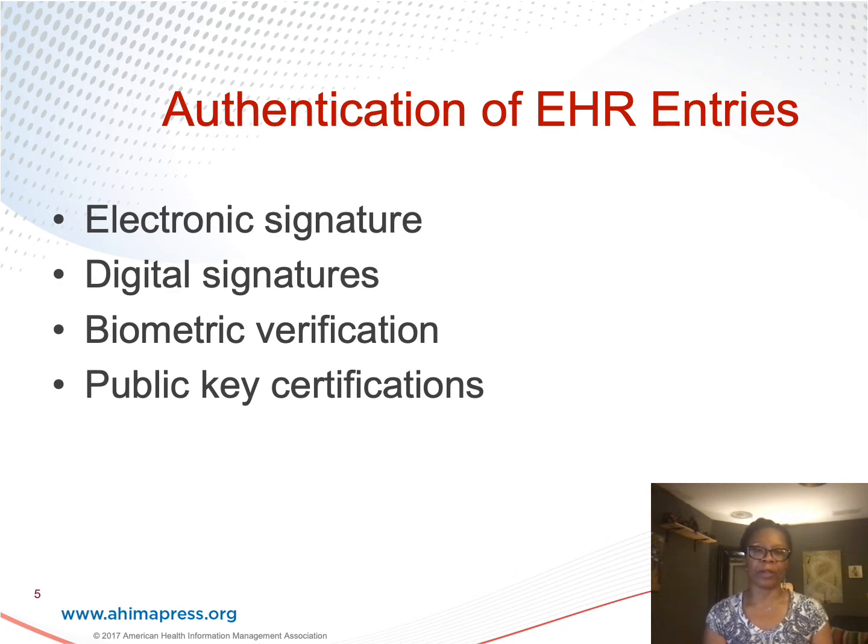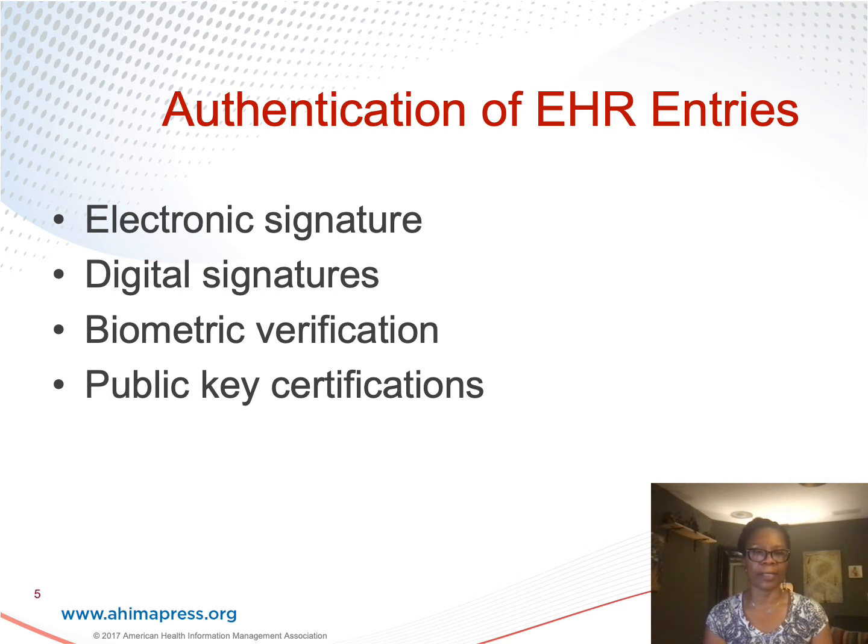Biometric verification is based on an identifying characteristic of an individual, such as a fingerprint or a biological trait, hand geometry, or characteristics. They also use the retina or iris pattern. They also use voice waves.